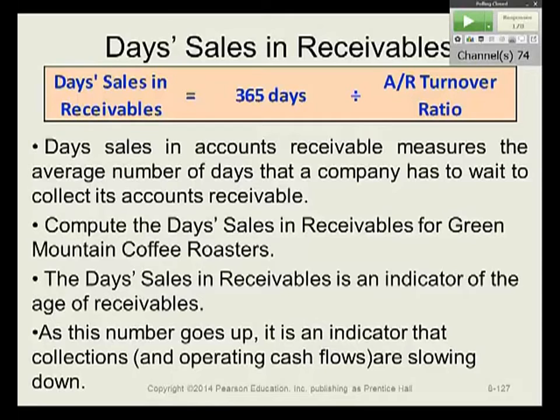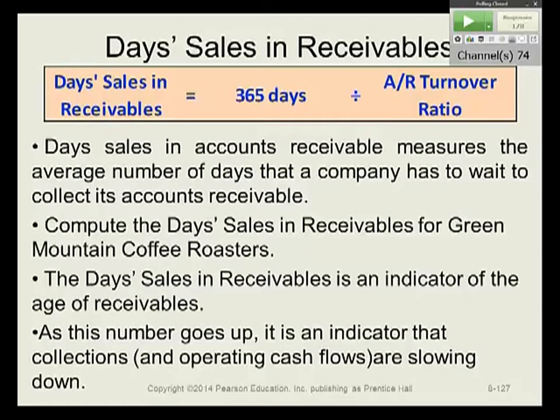Now, in terms of application of this material, if you look at a business, as we said with the cash operating cycle, you start with cash, and I know we have accounts payable, and we use that to buy inventory.